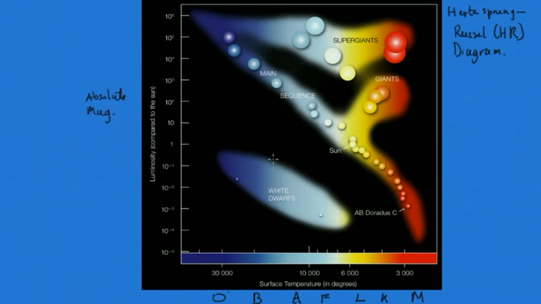Now, here's your white dwarfs that we mentioned. So the white dwarfs are those stars that were just medium mass, ordinary average stars like our sun, and these are sitting down here. So they're not very luminous, but they're still quite hot.